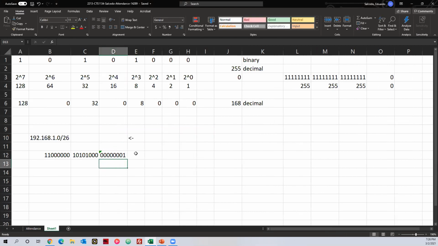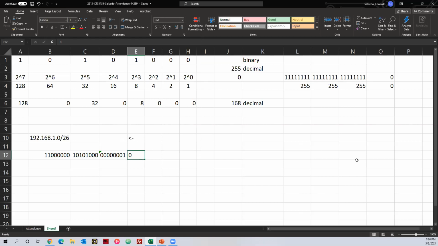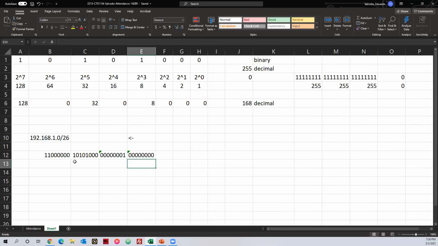Okay. And then the 0 is just a bunch of zeros. Who cares? This part, a bunch of zeros. So 192, 168, 1 and 0. This is my IP address.